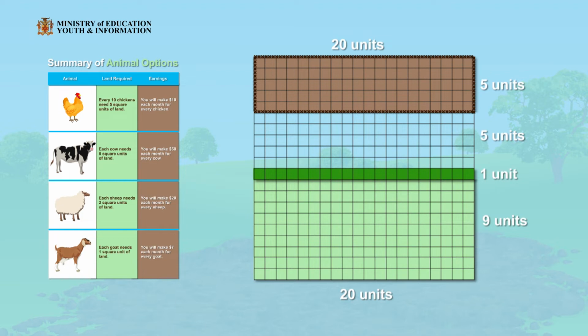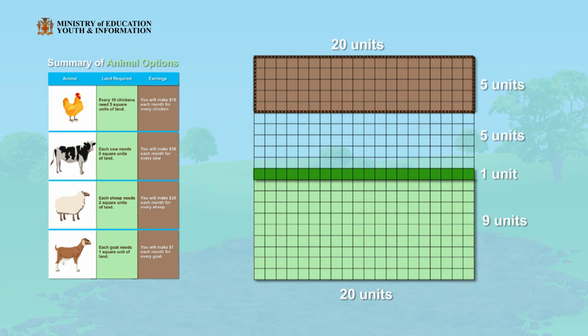So, I will use 50 units of fencing out of the 200 units available. I need 2 more animals. 4 sheep can fit in the space of 1 cow. So while 1 cow will earn me a whopping $50, 4 sheep will earn me $80 for the same number of square units occupied. 8 goats will occupy the same area as the cows for more money too.